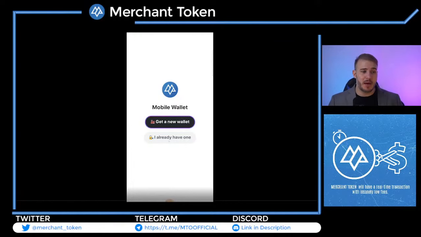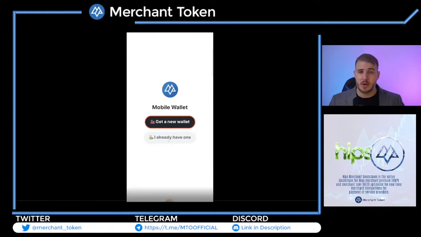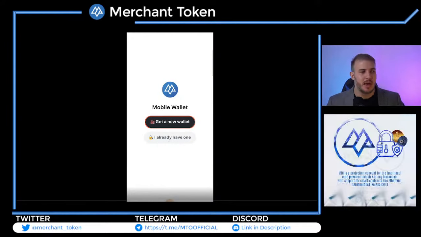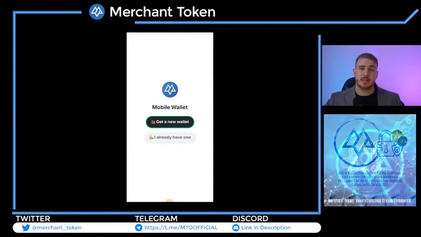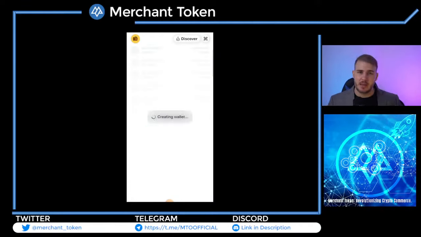So it's a mobile wallet, like Trust Wallet or MetaMask, where you will be able to import your wallet. MetaMask and Trust Wallet just read information from the blockchain, so it's the same thing that will happen here. If you already have a wallet, you can input your passphrase here and it will automatically import it, or you can create a new wallet and it will generate a new wallet altogether for you.